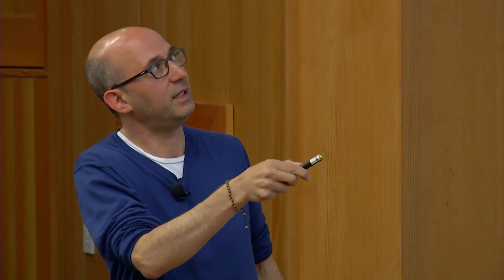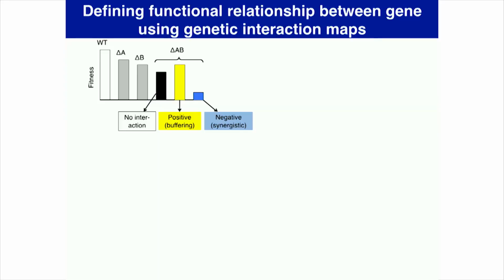So with that as background, the idea of genetic interactions is really quite simple. You have a wild type cell, and in this case we're measuring fitness, so how fast it doubles, and we set that arbitrarily to 1. We look at the consequence of deleting gene A or deleting gene B alone on this growth, or in combination.